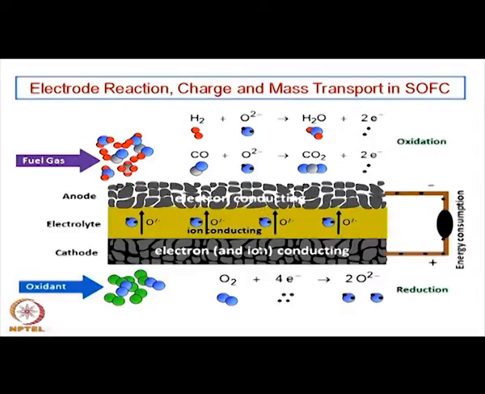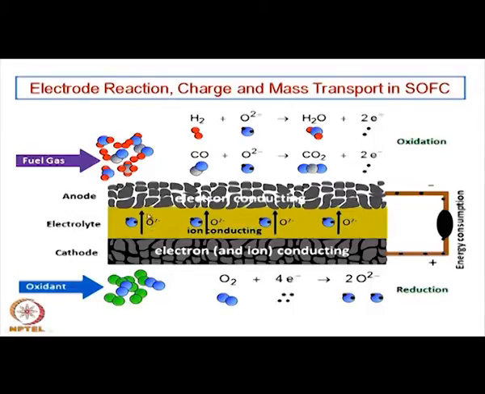So, from high oxygen potential there is a kind of tendency of driving force. In fact, the driving force will be there for the oxygen to move from the higher oxygen potential on this side to the lower oxygen potential on this side. So, oxygen ion will move through the bulk of the electrolyte.